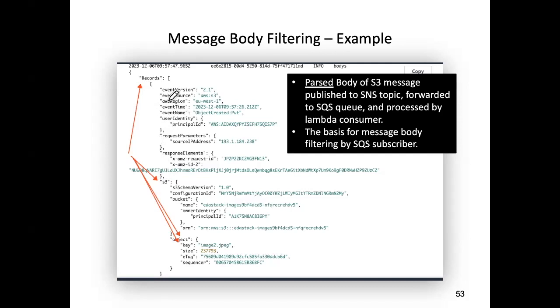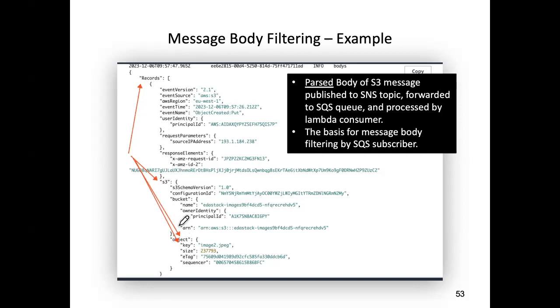All of the rest is part of the body of the message, but we're not really interested in that. What we're interested in is this part here, but we still need to understand the overall structure. So we've got an S3 key within an object that is contained within a records outer structure. The S3 key's value is also an object.